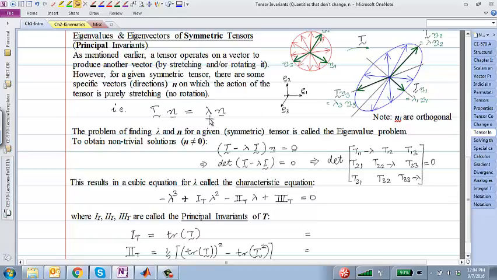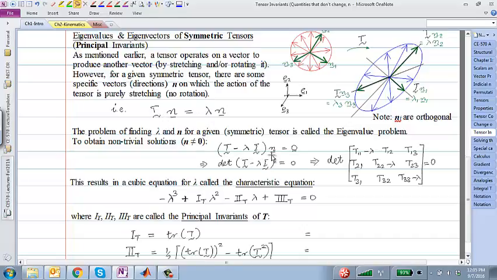That's the eigenvalue. And to solve for these types of eigenvectors and eigenvalues, something that hopefully you are familiar with, we are solving for non-trivial solutions of this equation. If I take this guy to the left, I get T minus lambda I acting on n.